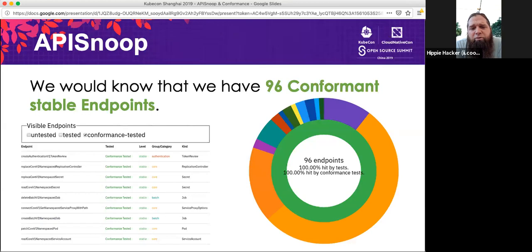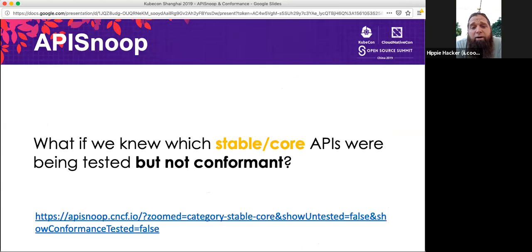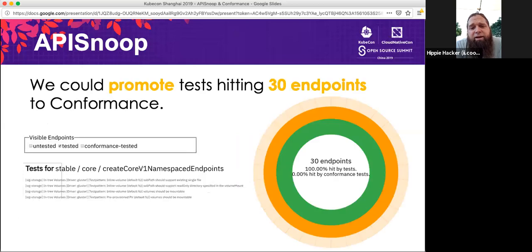But what if we knew what stable core APIs were already being tested, but we haven't yet tagged those tests as conformance? The next slide shows that we have 30. These are stable core endpoints that, if you look at the checkboxes there, are not conformant tested, but tested.